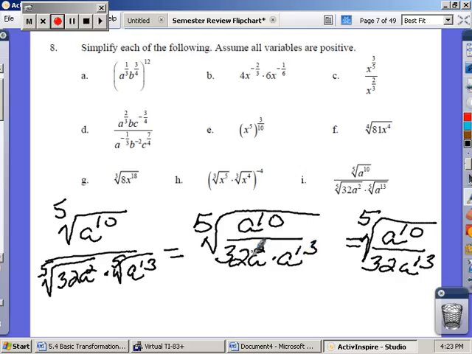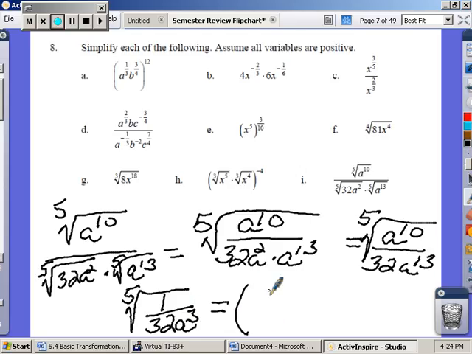Add exponents when bases are the same. Subtract 10 minus 13, and I get a to the negative 3rd. 5th root of 1 over 32a to the 3rd.